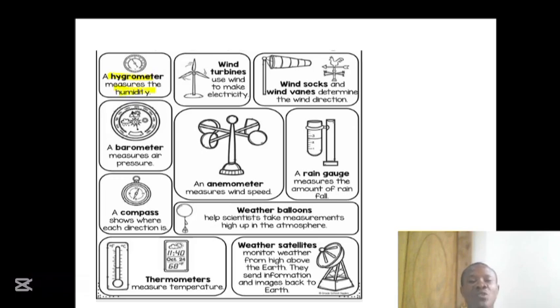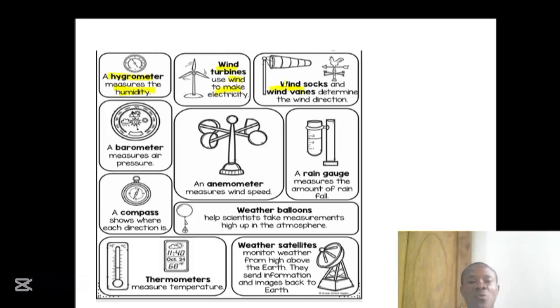Humidity is the amount of water vapor in air. And we have wind turbine that uses wind in order to make electricity. This wind turbine, it differs with wind vane. You have to observe the two carefully to know the difference between the two.